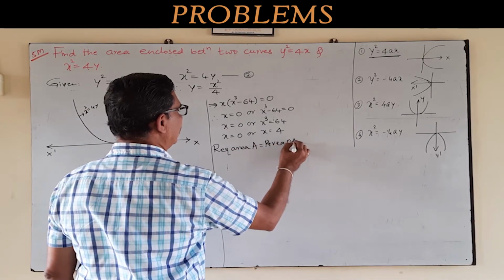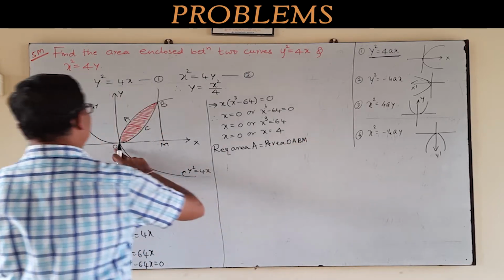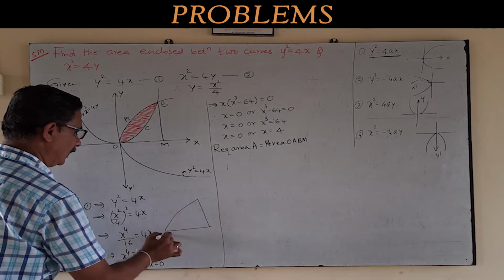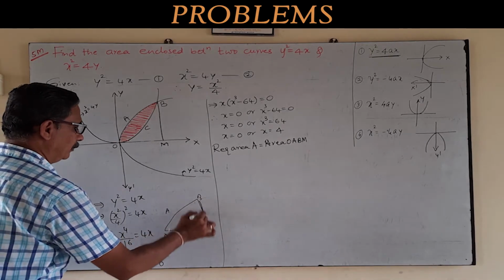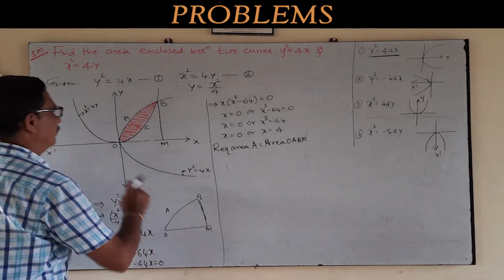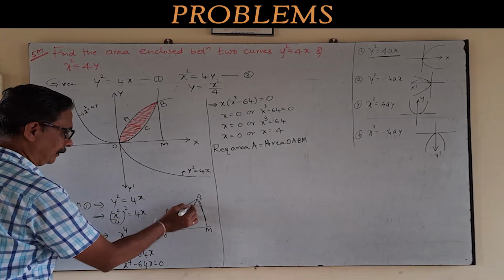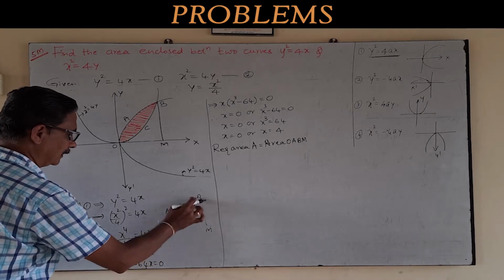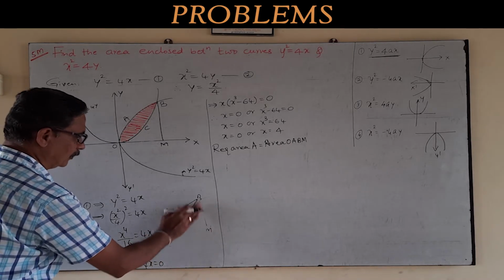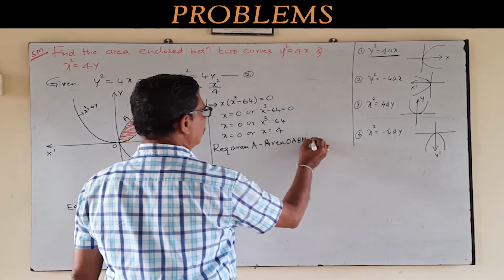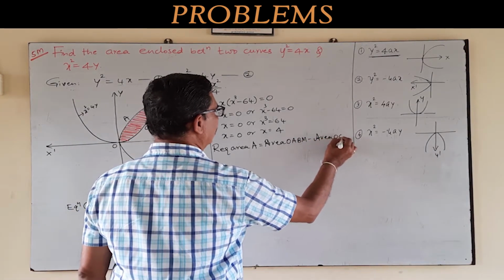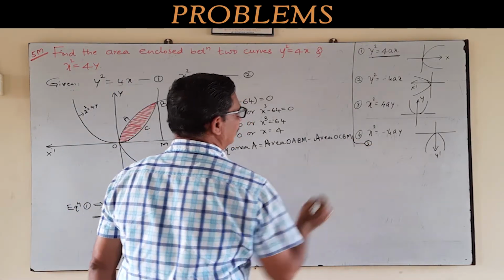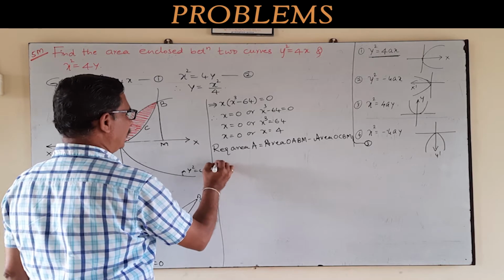Take the area OABM, this is OABM, right? From this portion, subtract the area OCBM. This part is removed, and we get the shaded portion: area OABM minus area OCBM. Call it equation 3. Now to find area OABM.